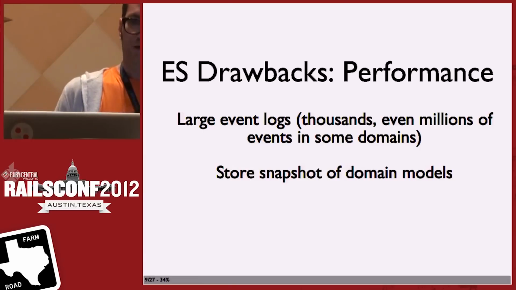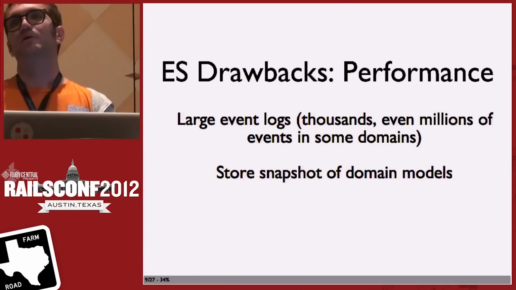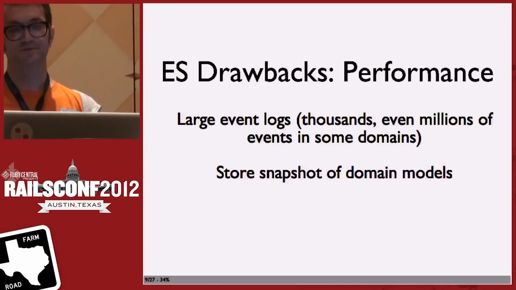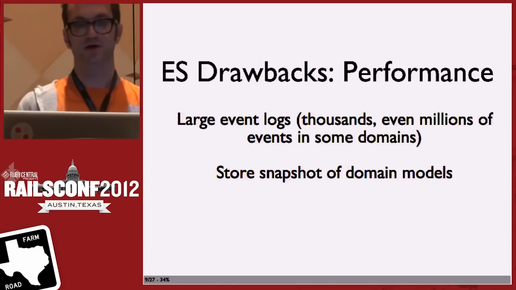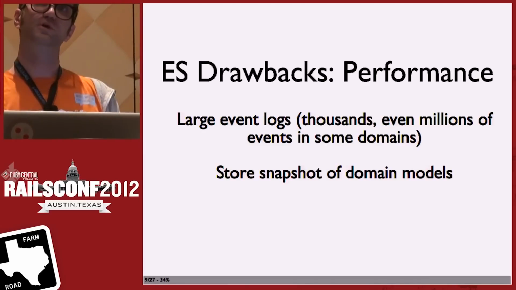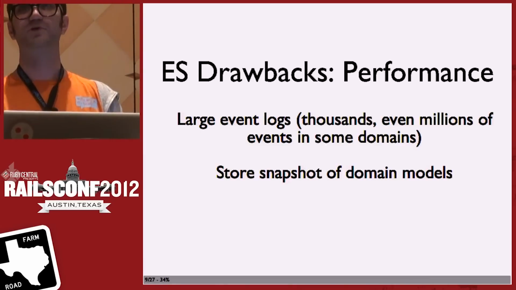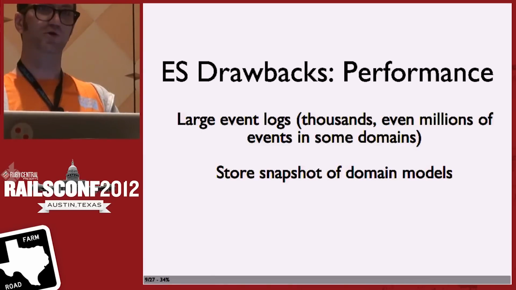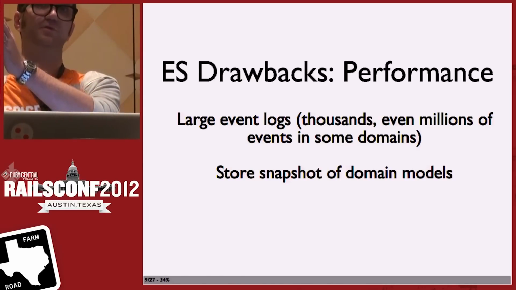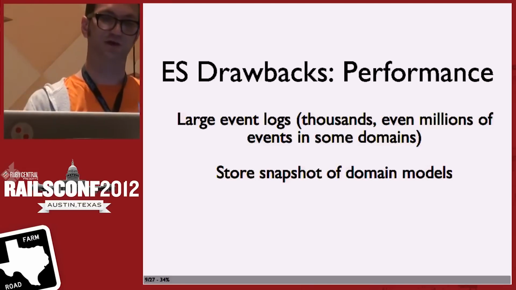So what do we do? We store a snapshot of the domain models. There are a few different ways to go about that snapshotting process. But the end result is that we don't end up playing all of the events forward in the snapshot. We may go up to a point, stop there, and then play events past that, and then roll back and forth to a different snapshot date.